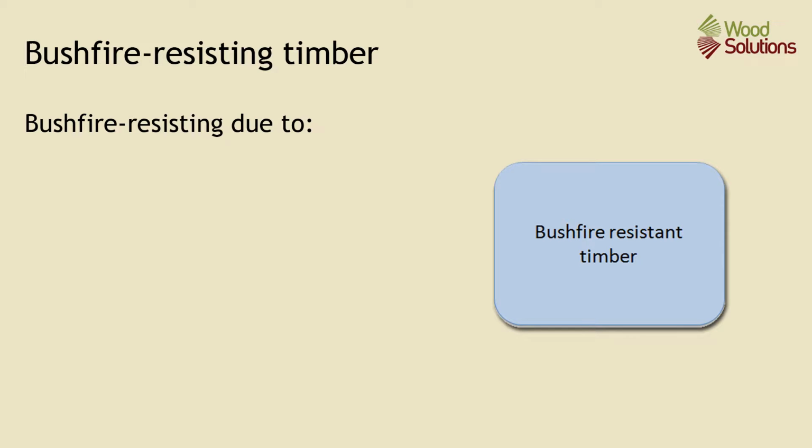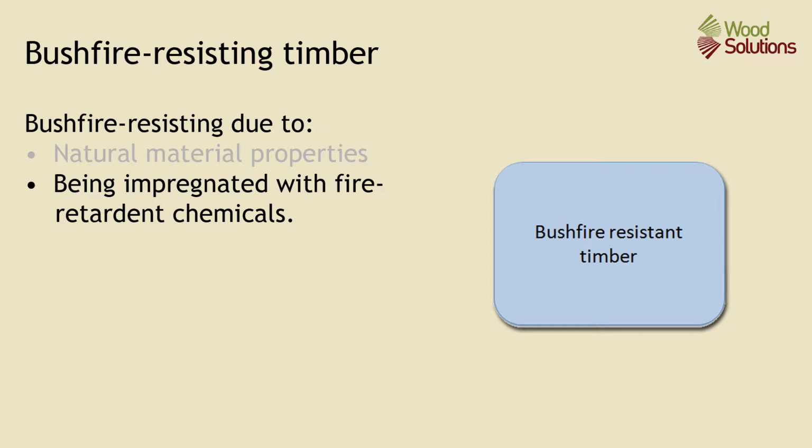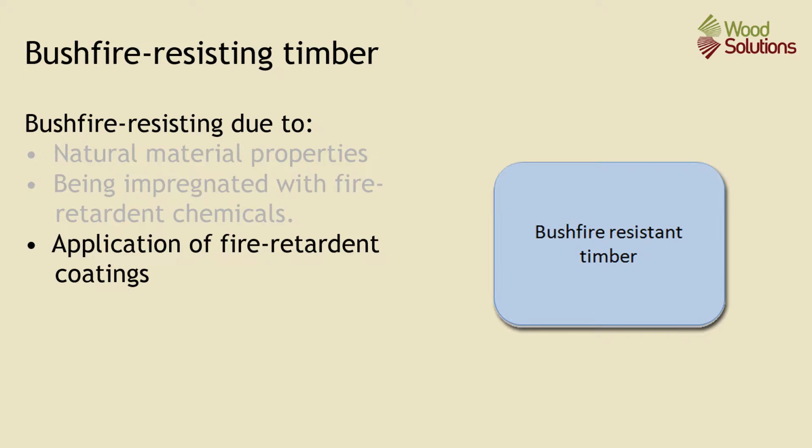Bushfire resisting timber may be bushfire resisting due to either the natural properties of the material or to impregnation of the timber with fire retardant chemicals or the application of some fire retardant coatings. Fire retardant treatments and coatings are specialist products, and test results for these products should be sought from the supplier.